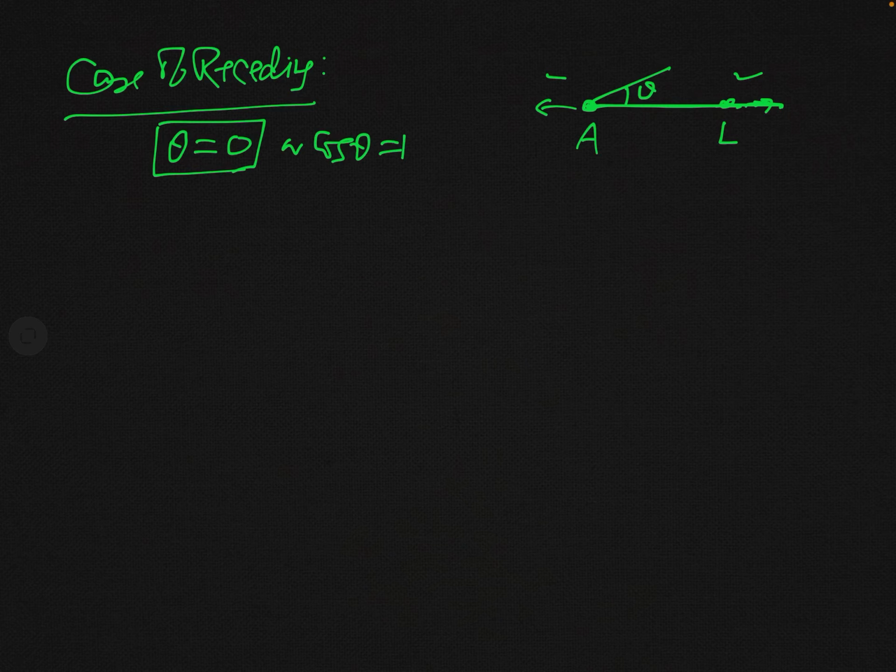So if we put cos theta equal to 1 in the general result, then we will get the expression for the apparent frequency and the apparent wavelength. And so you can see what the apparent frequency will be in this case.